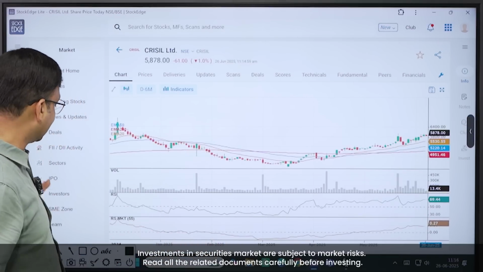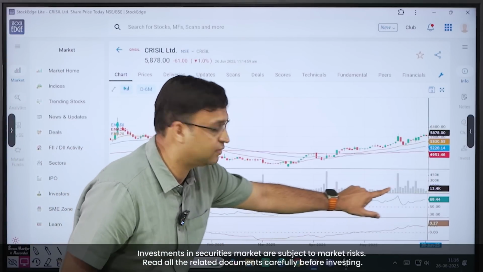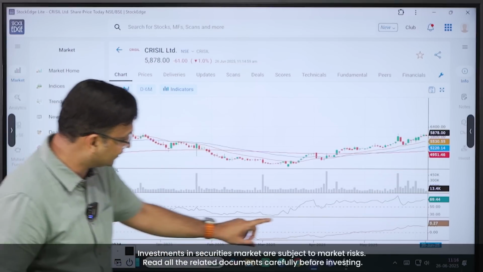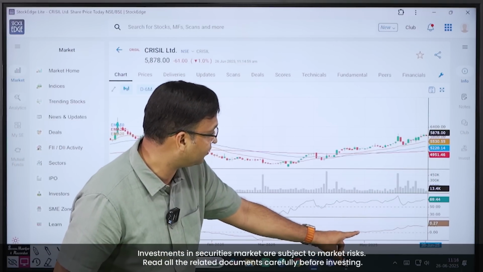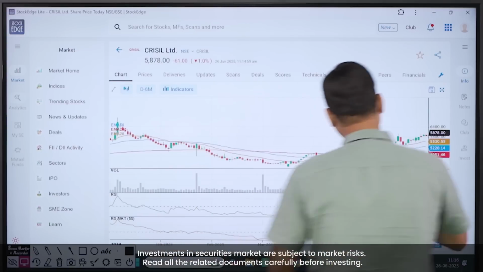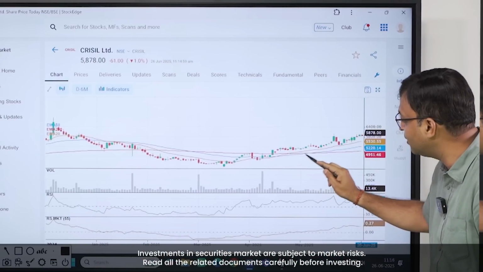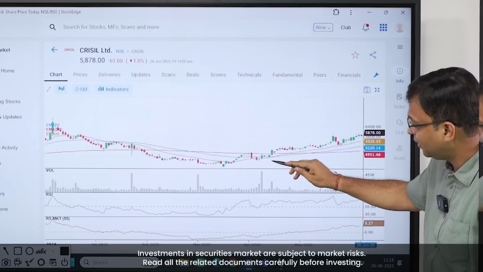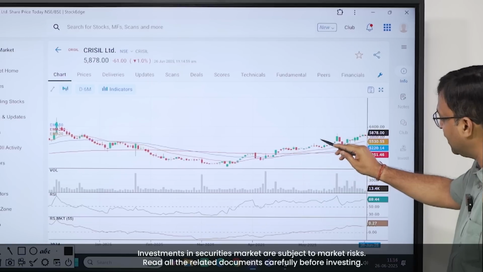All right, so this is CRISIL. RSI above 50. RS above 0 since May 2025. And the price has been strong. This is an unbelievable, lovely setup. A candle, consolidation. This is the consolidation. Again, a breakout.